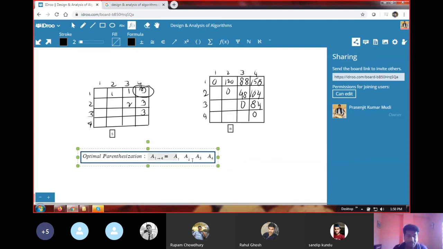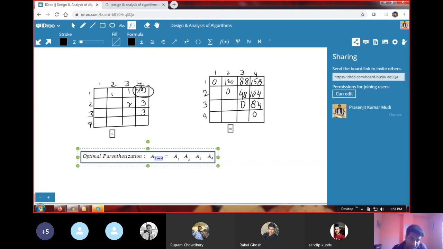Right. So at this moment we have the product A1 to 4. So A1 to 4, this product has to be split for some value of k. What is the value of k? That is given by this S matrix, S table. So to split A1 to 4, you have to collect the value of k from S1 4.